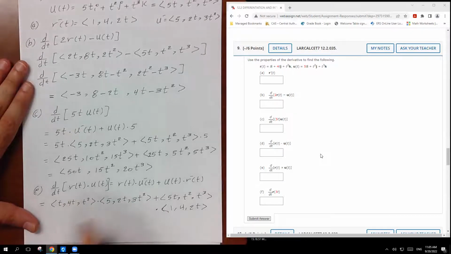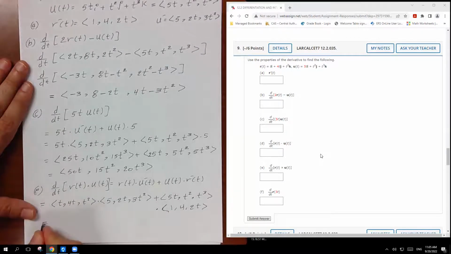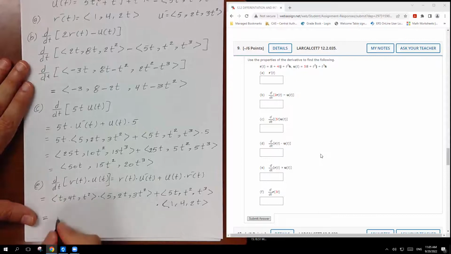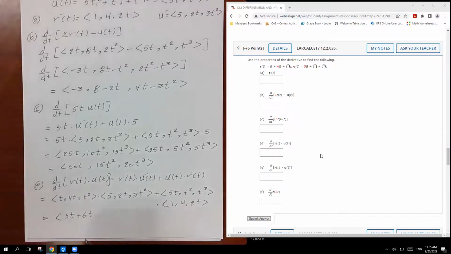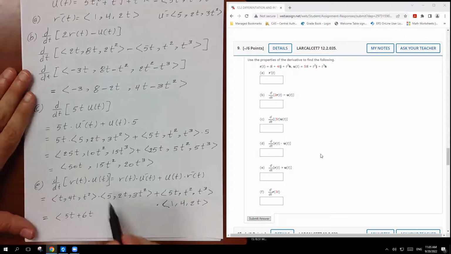So let's do the dot product here. It's going to be 1 times 5, 5t, plus 4t with 2t is going to be 8t, and t squared with the 3t squared, so plus 3t cubed.